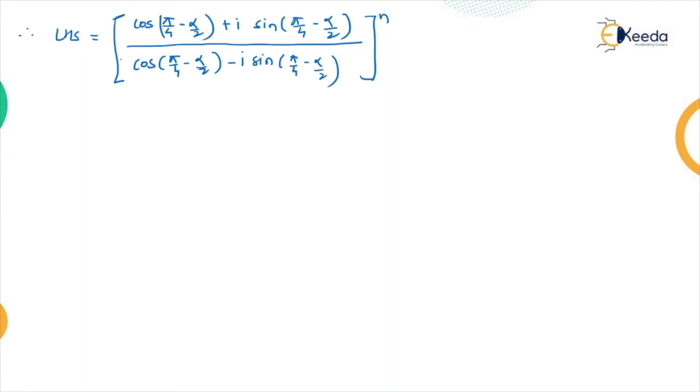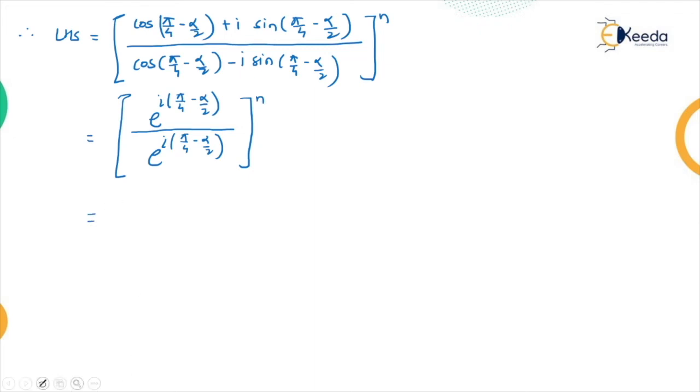Next, by Euler's formula, the numerator can be written as e to the power i times (pi/4 minus alpha/2), divided by e to the power i times (pi/4 minus alpha/2) in the denominator, and the total bracket power is n.